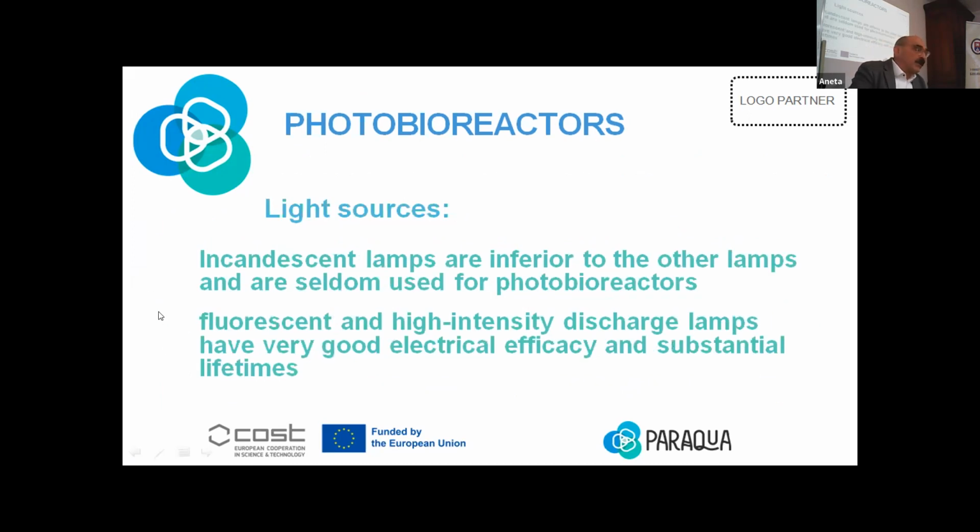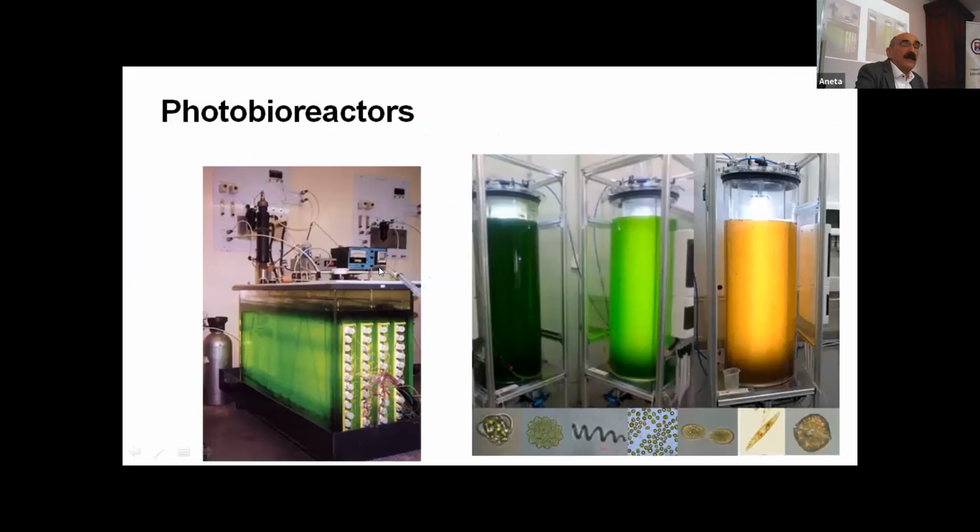So the sources of light: lamps can be incandescent. They are inferior and seldom used now. So you're going to use fluorescent or high intensity discharge lamps to supply the light. These are examples of bioreactors.